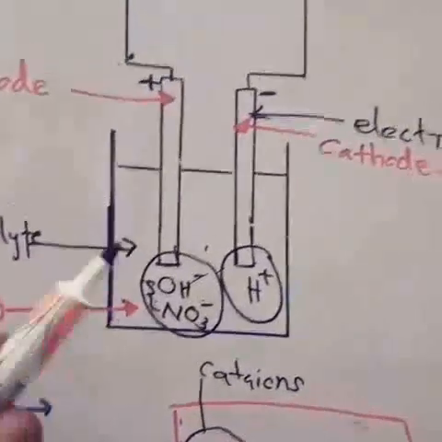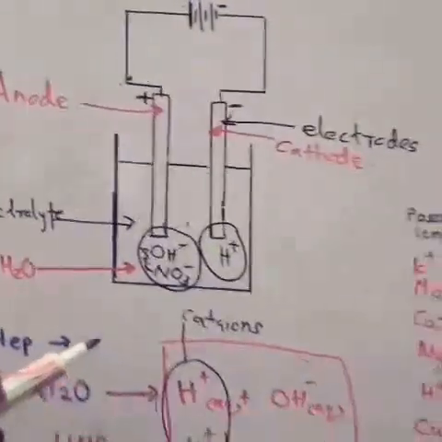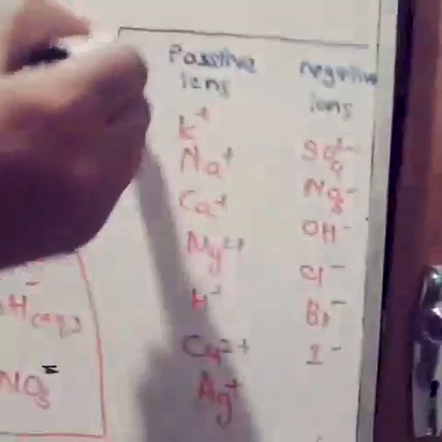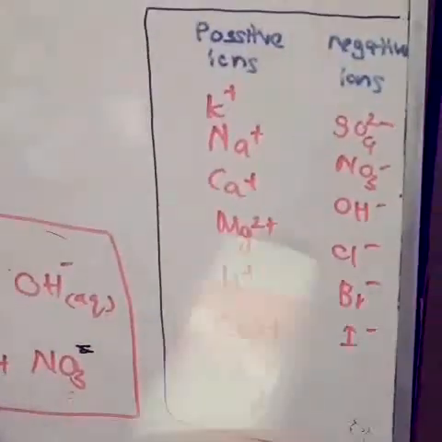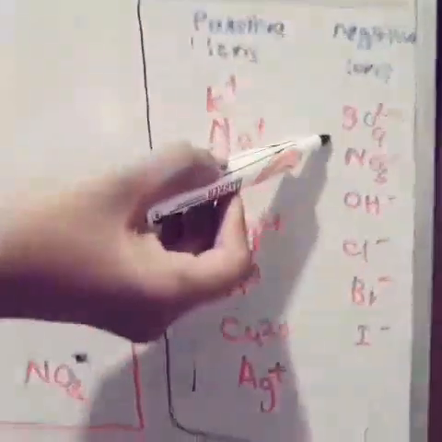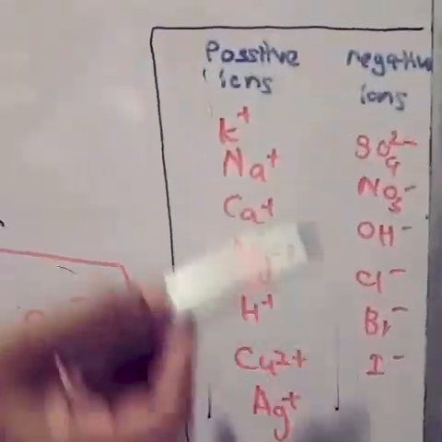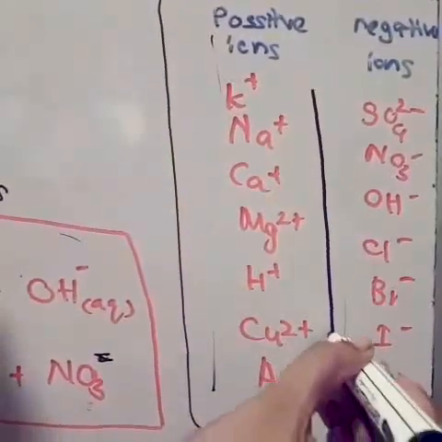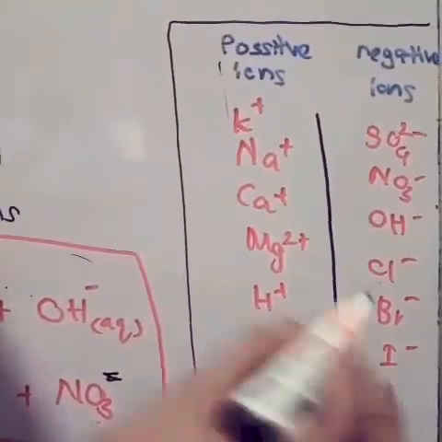Now we'll see which ion reacts more readily. For that I have a series here. Positive ions here, negative ions here. And the decomposing ability is increasing towards the down.